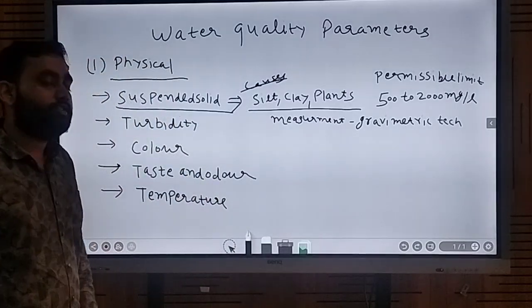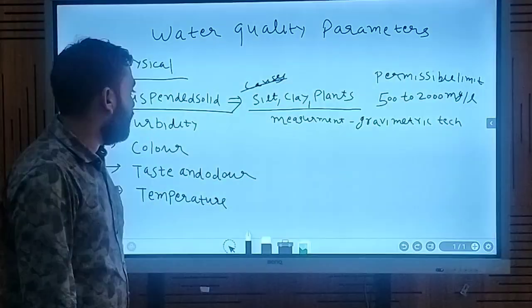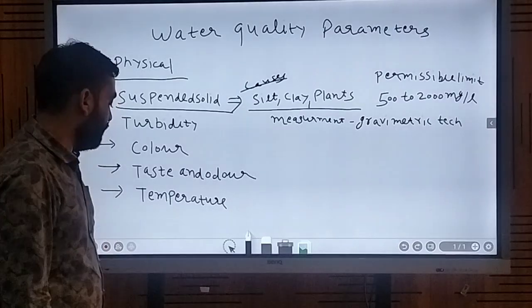Why are suspended solids determined? Because in a water supply scheme we have to limit them from 500 to 2000 milligram per liter.